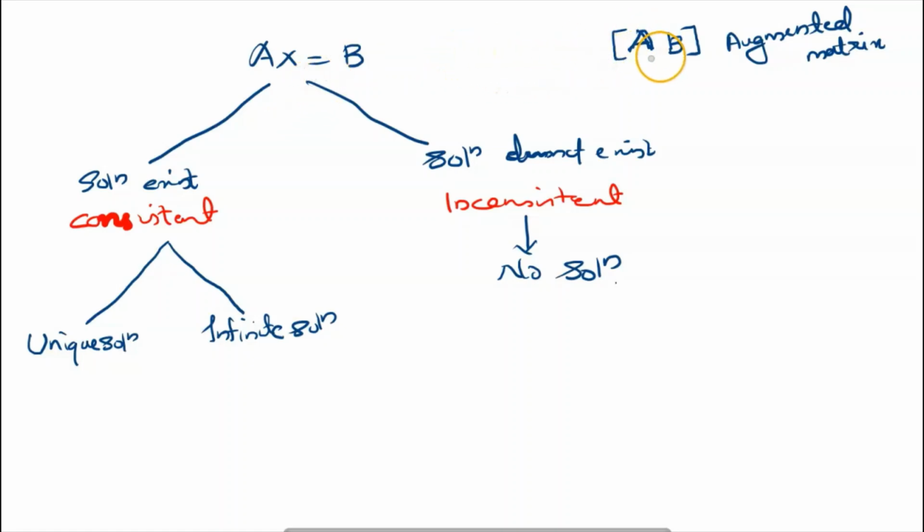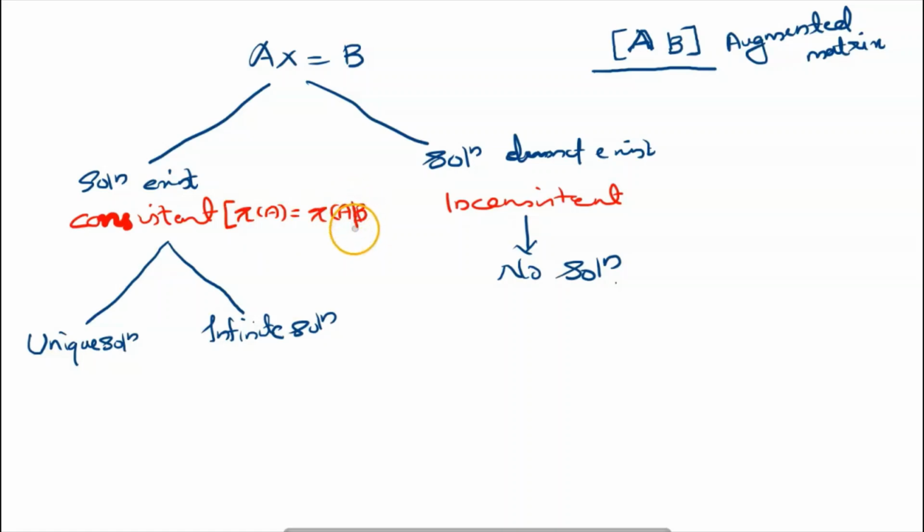For solving this system using the Gauss-Jordan method, we use the augmented matrix to reduce. Considering the augmented matrix and the coefficient matrix A, if the system is consistent, it means rank of A is equal to rank of the augmented matrix A|B.